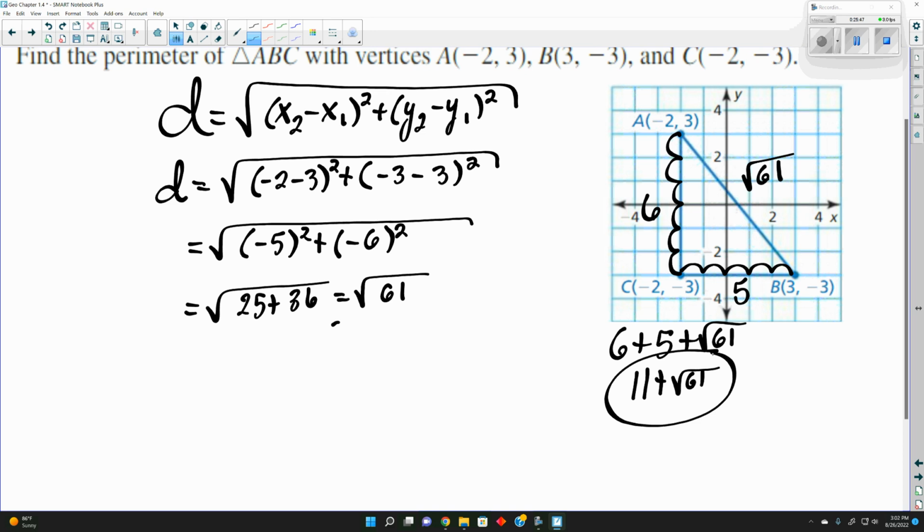Because if we want to leave it in radical form, that's as far as we can take it. If we want to convert it into a decimal, the button above the enter sign on those calculators where we tell it to calculate, the one that has 2 arrows, the button that looks like this, will approximate it into decimal form. 7.81.